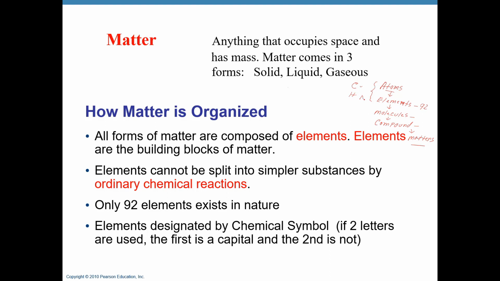N, nitrogen, right? So only with a single uppercase letter. If the atom or element is expressed by only a single letter, that must be in capital. Now some atoms or elements are indicated or expressed by two letters.